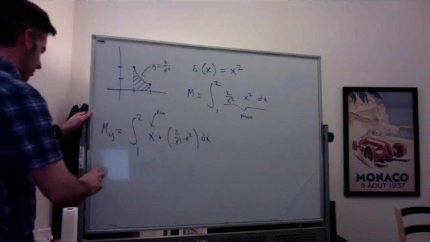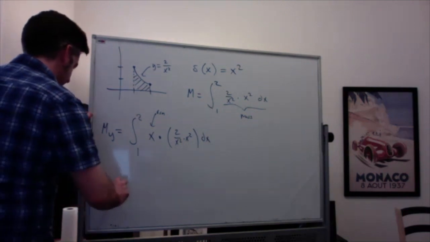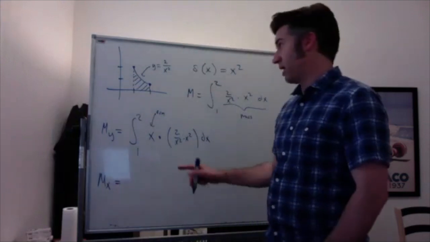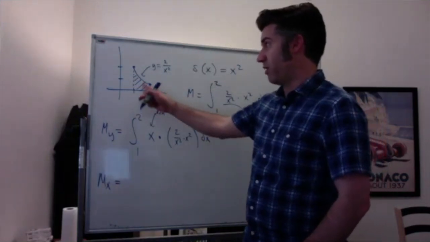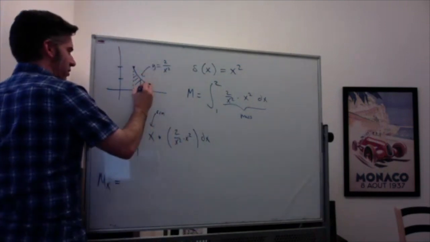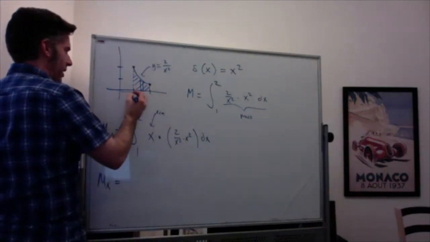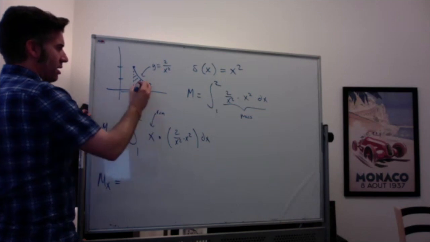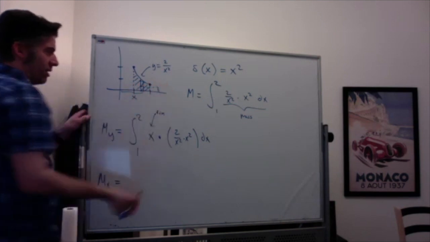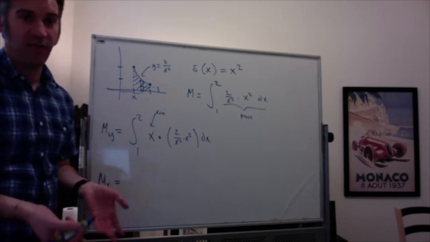And then finally, the moment around the x-axis, well, again, it's your lever arm. If you're thinking about this vertical strip around the y-axis, the lever arm has a length of x. Around the x-axis, the lever arm has a length that is 1/2 of the height of the function.